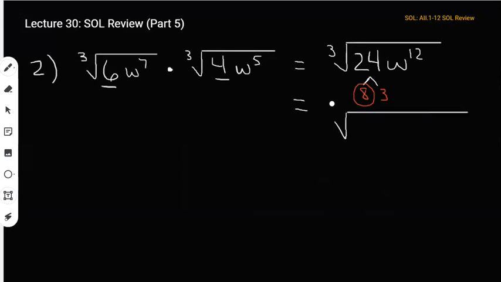So go ahead and rewrite. Make sure you put a 3 as the index for the cube root. And I'm going to write this 8 times 3. And I'm still going to have w to the 12th power under there. That hasn't changed.